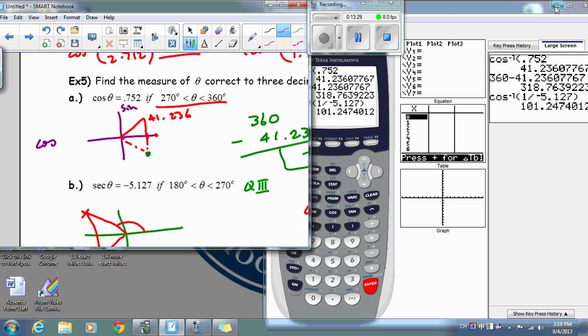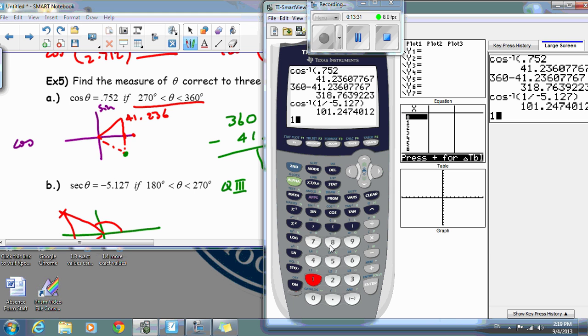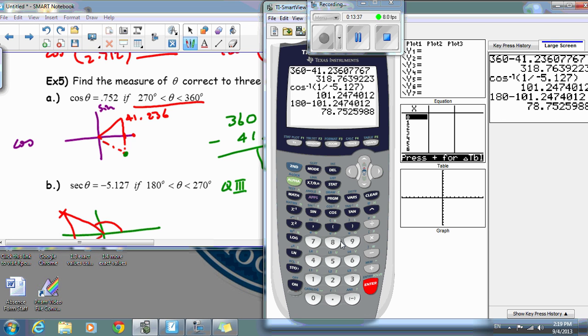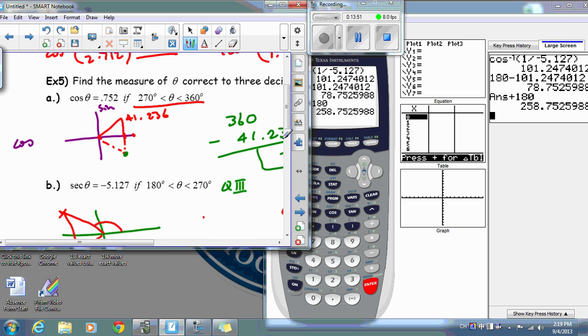I'll do 180 minus 101. So 180 minus my previous answer. It tells me that the reference angle is 78.7525. So to this one, I will go ahead and add another 180, and I get 258. Why did I add another 180?